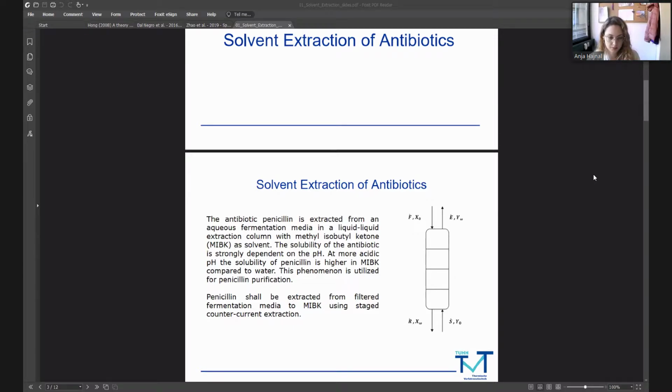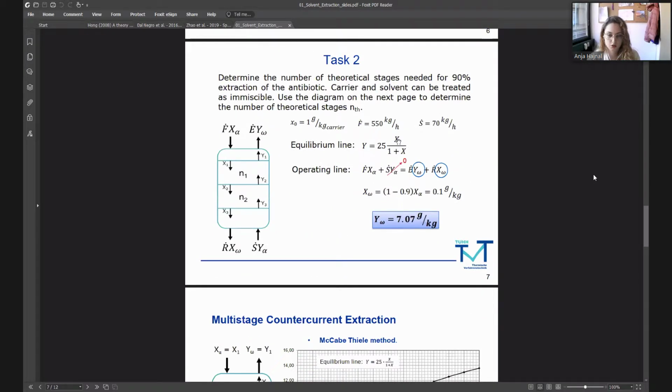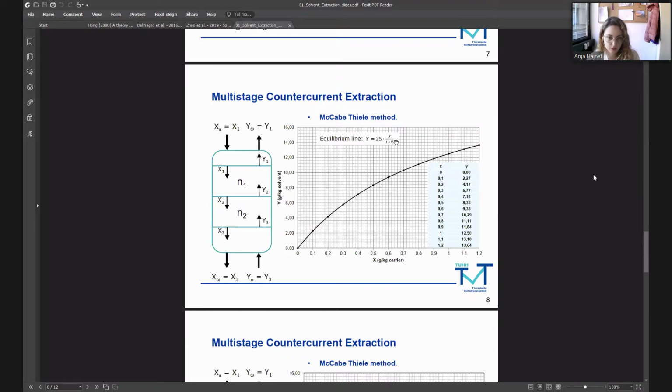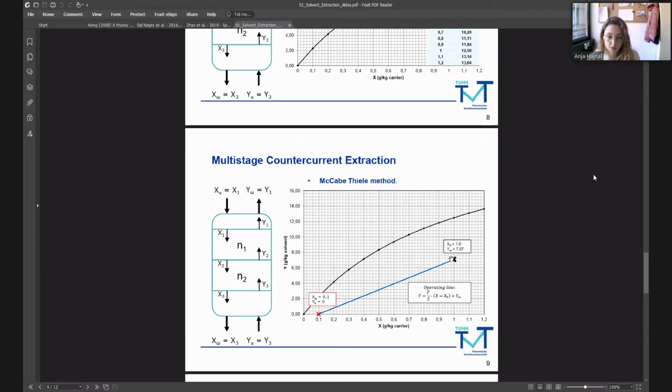So you can plot the equilibrium line, and with the equation that we calculated in the exercise here, you can also find the concentrations of the antibiotic in the solvent at the exit. And if you plot the operating lines, you have the equilibrium line, you take arbitrary values. Here we also have the values. And for the operating line, you actually would need only 2 points.